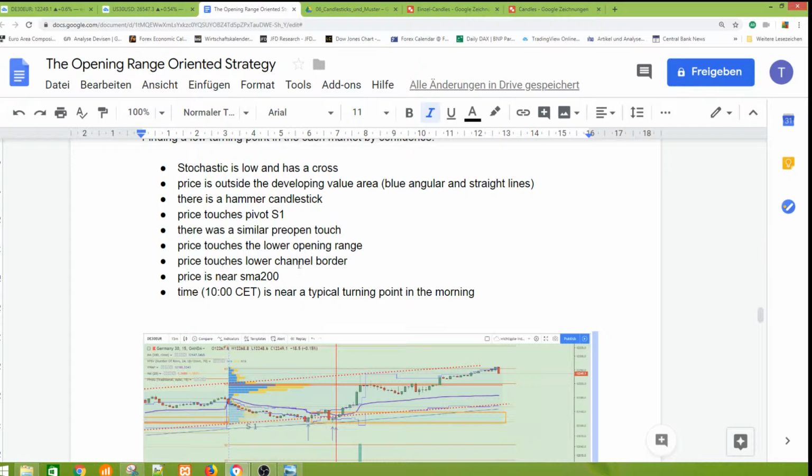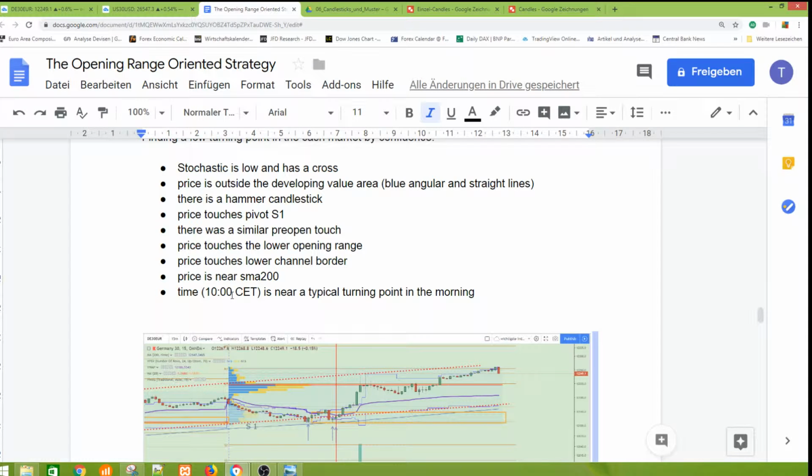The price touches the channel border with this red line. The price is near the SMA 200, the simple moving average 200. This is this blue line here. It depicts the global trend. And then time.